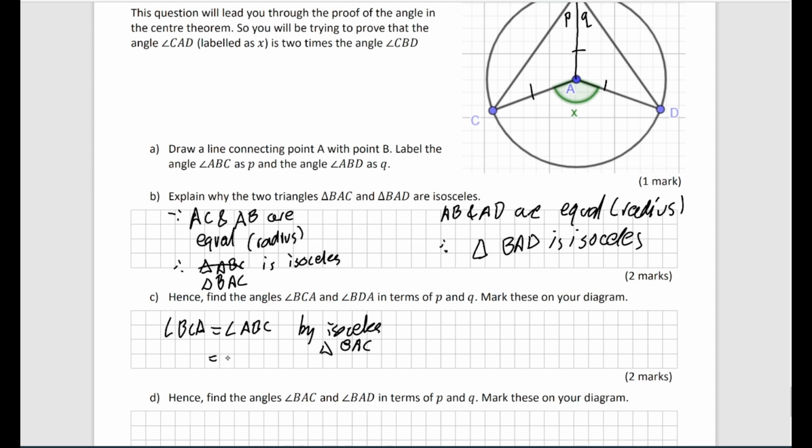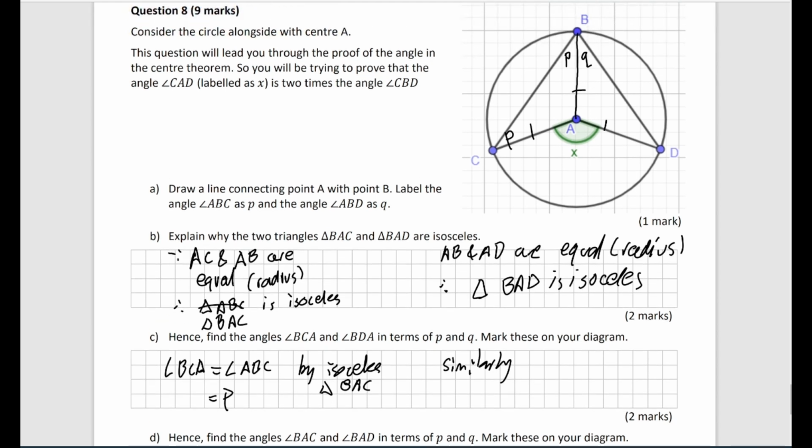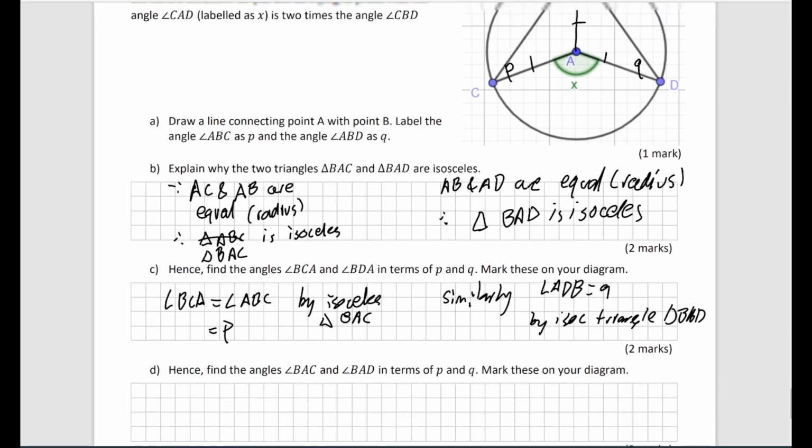Which both equal P. So basically you're going to put P in there. Similarly, angle ADB equals Q by isosceles triangle BAD. Hence find the angles that and that.